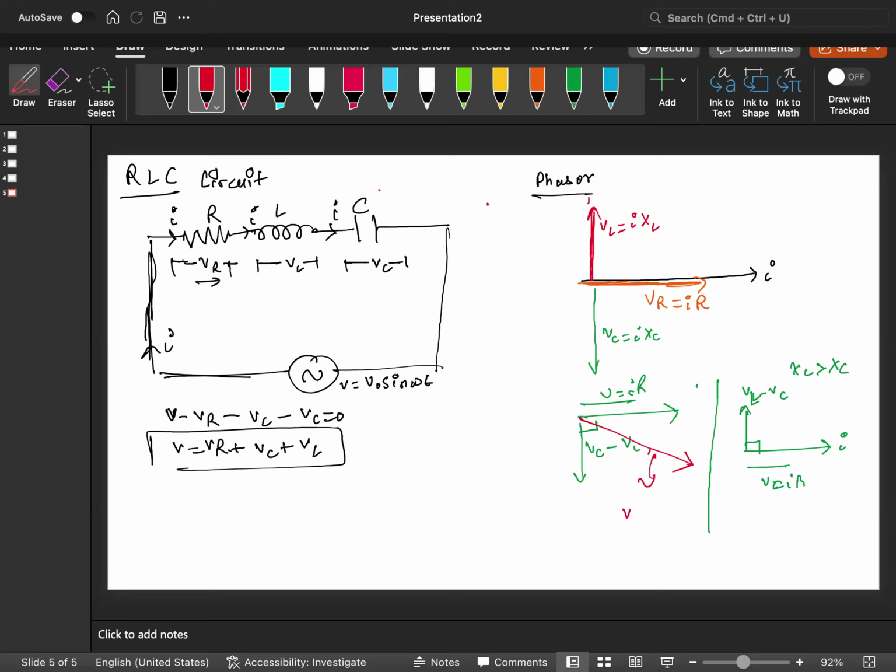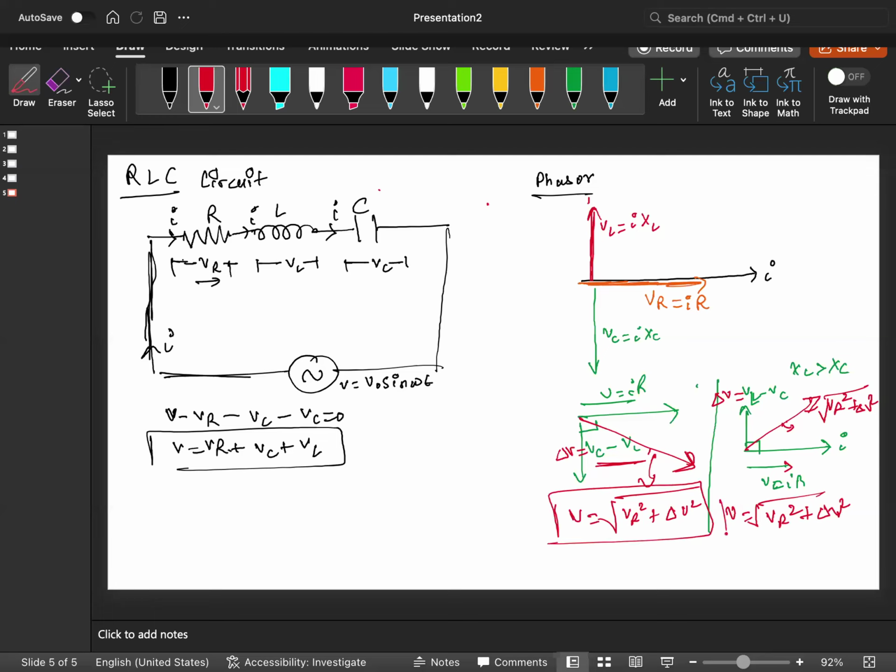That is nothing but the square root of VR square plus delta V square, where delta V is the difference. Here also you will have the same on the upside. So the resultant V comes out as the square root of VR square plus delta V square. I hope this is fine.